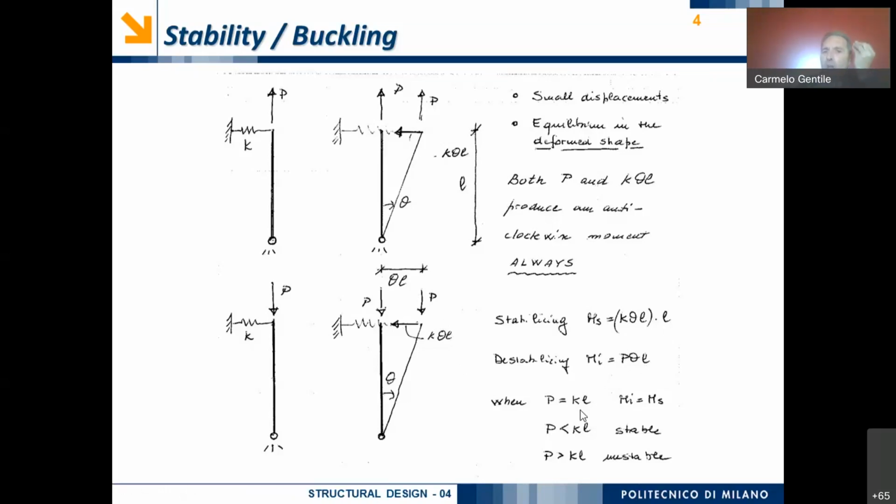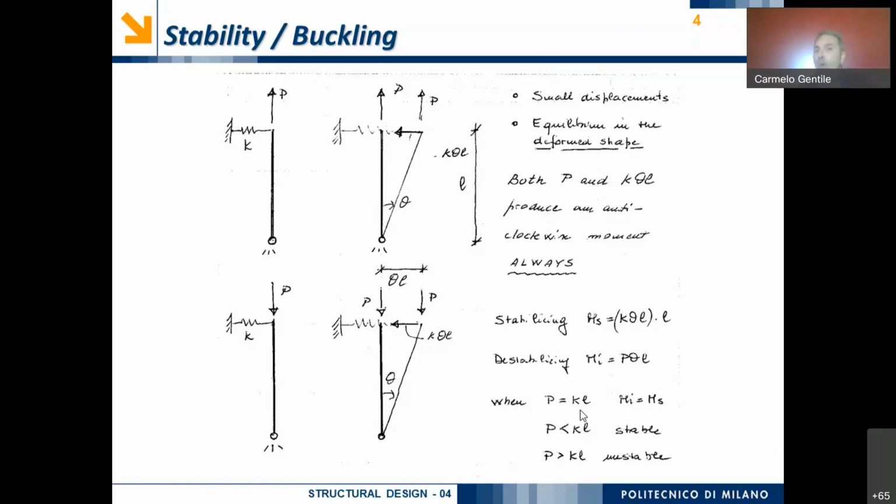A neutral condition of equilibrium means that there is the possibility of a new equilibrium condition which is different from the original vertical one, but it is quite close to this.